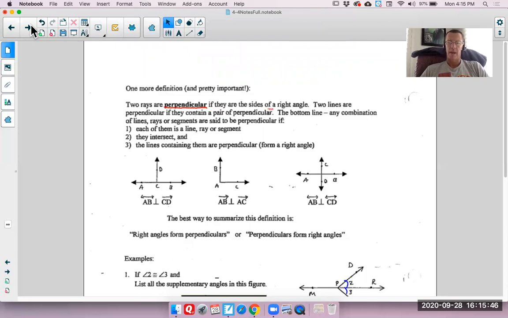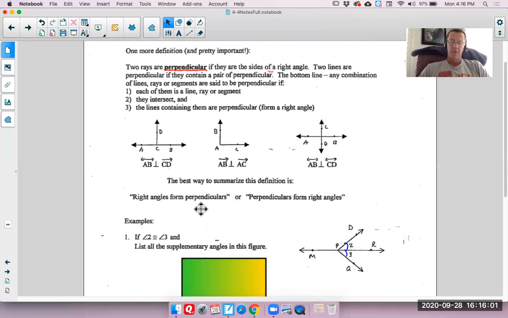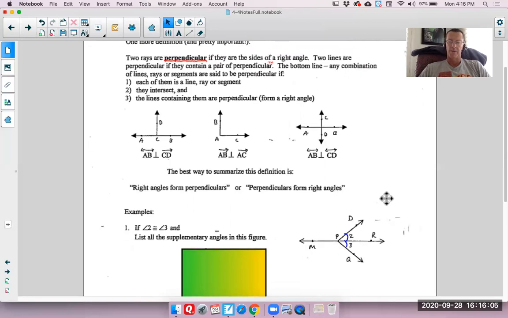In other words, they form a right angle. So here we have a line and a ray. Here we have two rays. Here we have two lines. We also have segments inside there. We have a segment there. So anyway, right angles form perpendiculars, but if you have perpendiculars, then they form right angles.